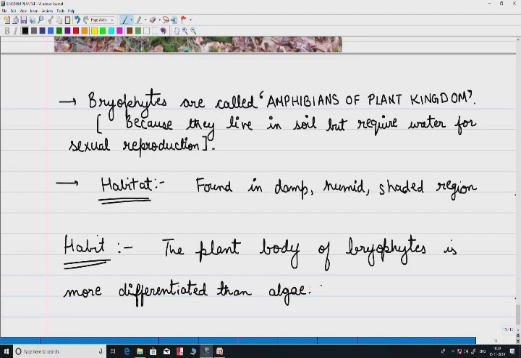Also, it is thallus-like. It is a thalloid body.